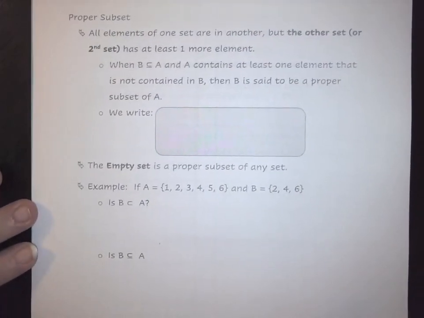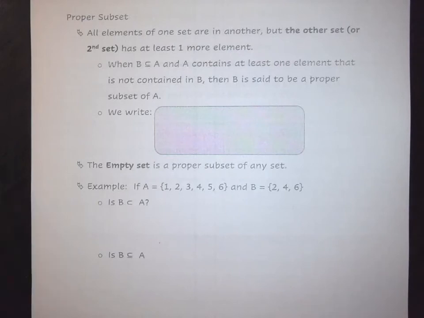A thing called a proper subset is where all elements of one set are in another, but the second set has at least one more element. In other words, when B is a subset of A, but A contains at least one element that is not contained in B, then B is said to be a proper subset.